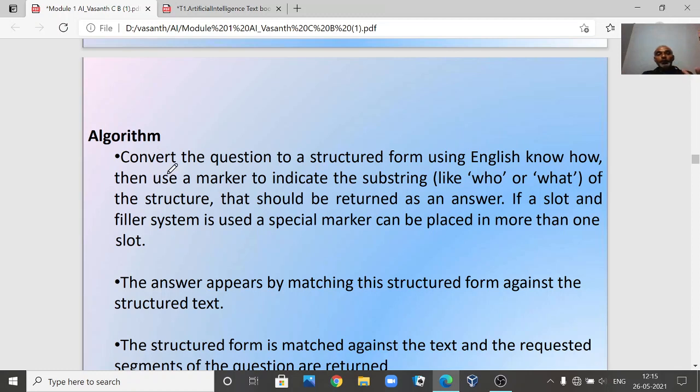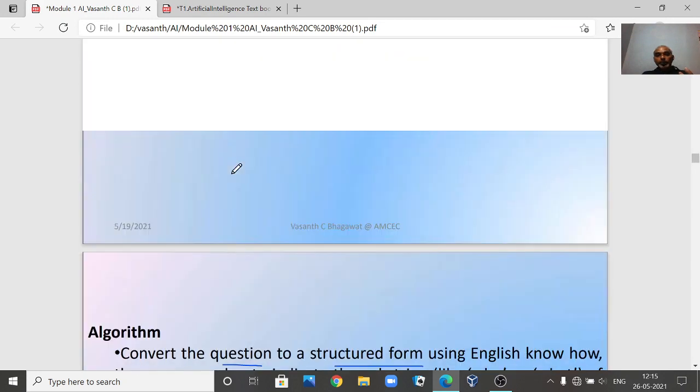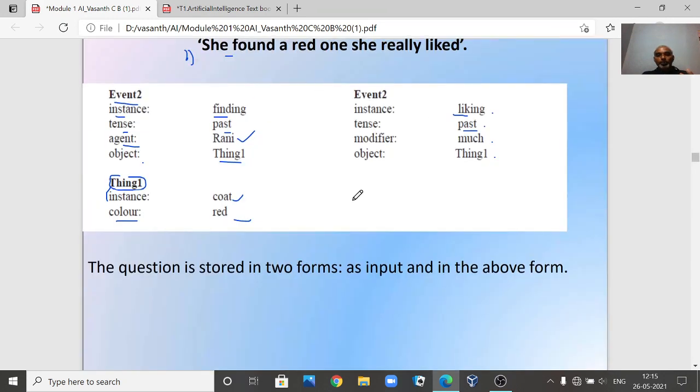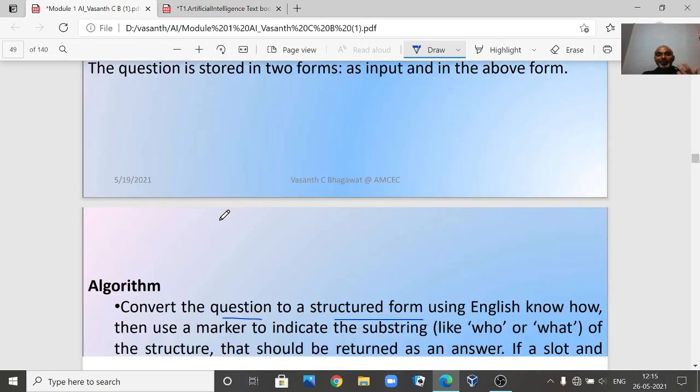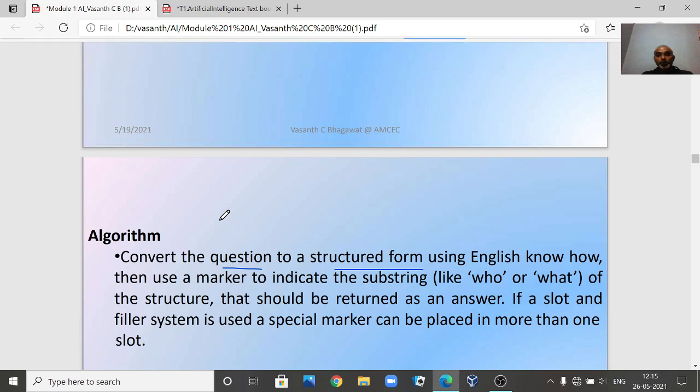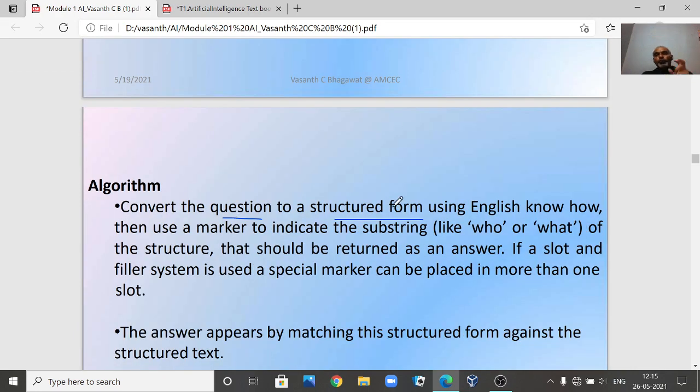Now what algorithm are we going to use here? We convert the question into a structured form like this, slot and filler, or production rules, or scripts, or frames. In any knowledge representation, you first convert the question into that representation. How do you convert it? You use the data structure for English knowledge, and by using that data structure, you convert the question.